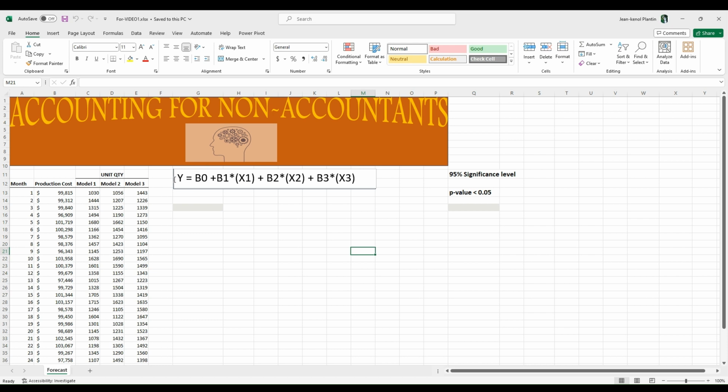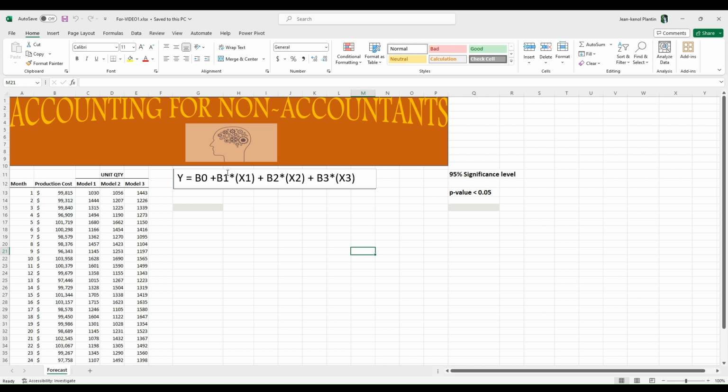We have our dependent variable, which is the production cost. And through this model, we're going to determine beta zero, which is the intercept of that linear equation. And we have model 1 x1, model 2 x2, model 3 x3.